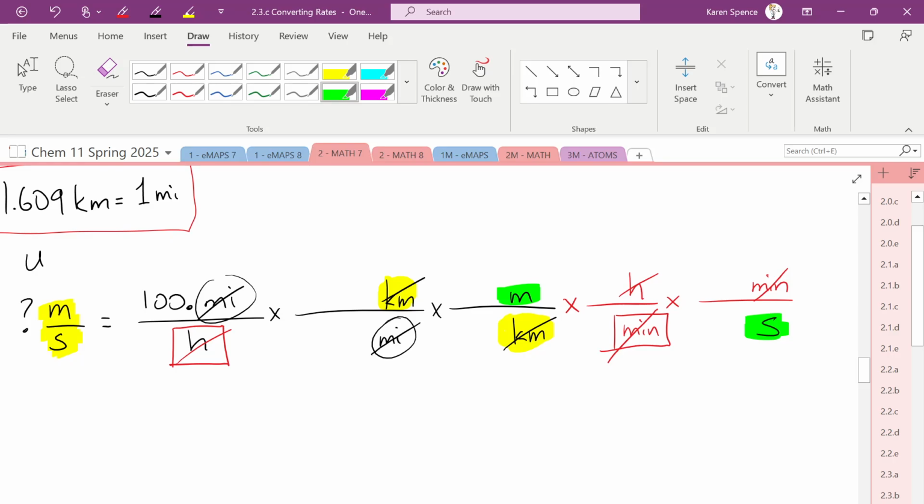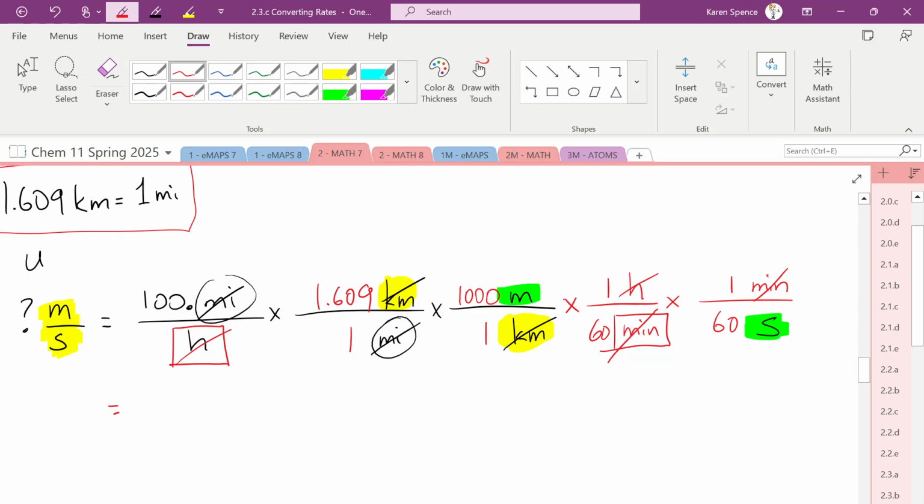So that's what we end with. And then we just throw in all our numbers. It is 1.609 kilometers per 1 mile. How many meters in a kilometer? 1,000. How many minutes in an hour? 60. And how many seconds in a minute? 60.